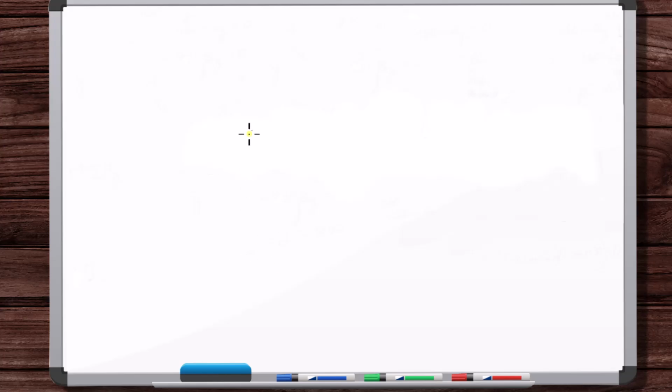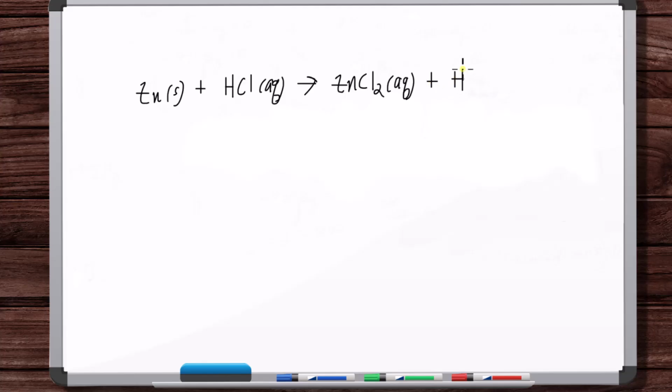But you could have a redox reaction in aqueous solution. If you've got solid zinc in a water environment, but it doesn't dissolve, and dissolved in the water is hydrochloric acid, then what results is you have zinc chloride, aqueous, and then H2 gas comes out of the solution.